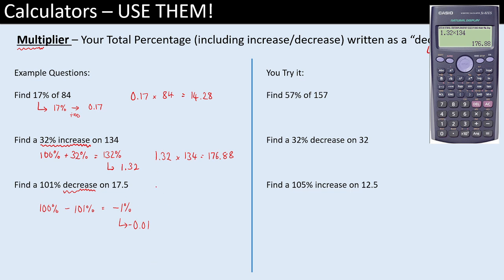So my answer is going to be negative 0.01 times 17.5, which equals negative 0.175. You might have been able to see that by just dividing by 100 and making it negative.